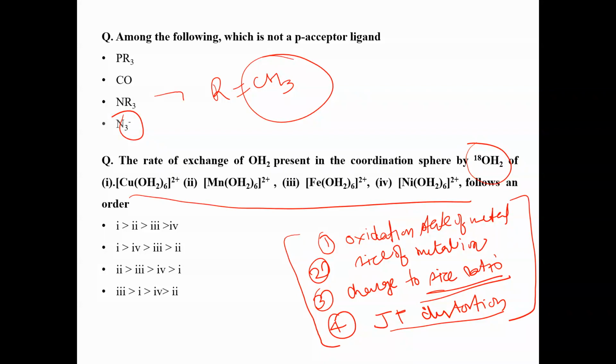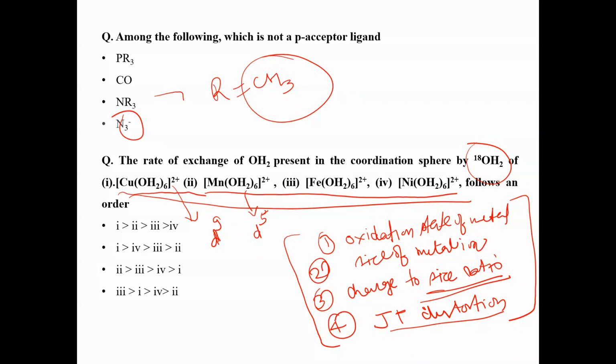So tell me if you get the answer, please. First write down the electronic configurations. That is d9, and what about this one? It is d5. Here you can see a trend: all the metal ions are in the +2 oxidation state.